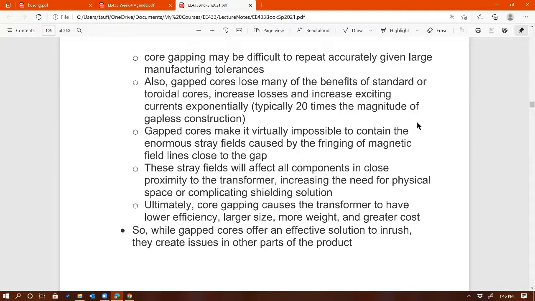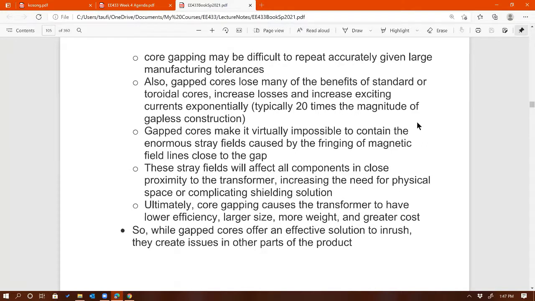One thing that I don't think I mentioned last week that I believe is very important for you to be aware of is that some cores have what they call a distributed air gap. That means the gaps are not physically there.